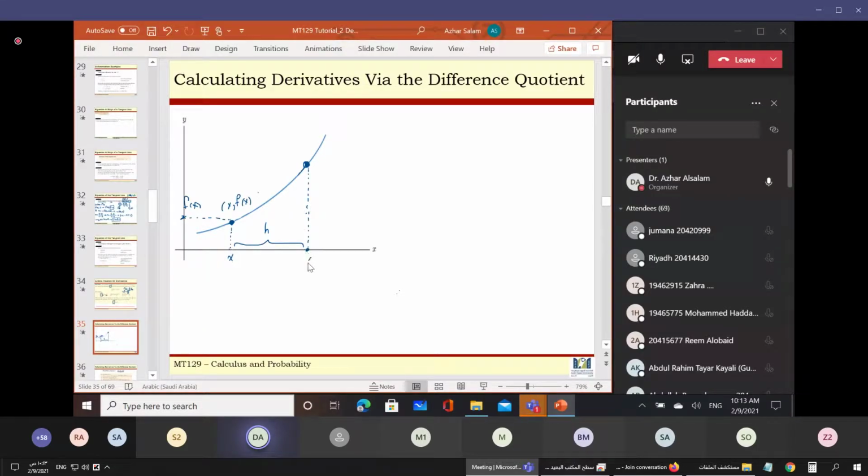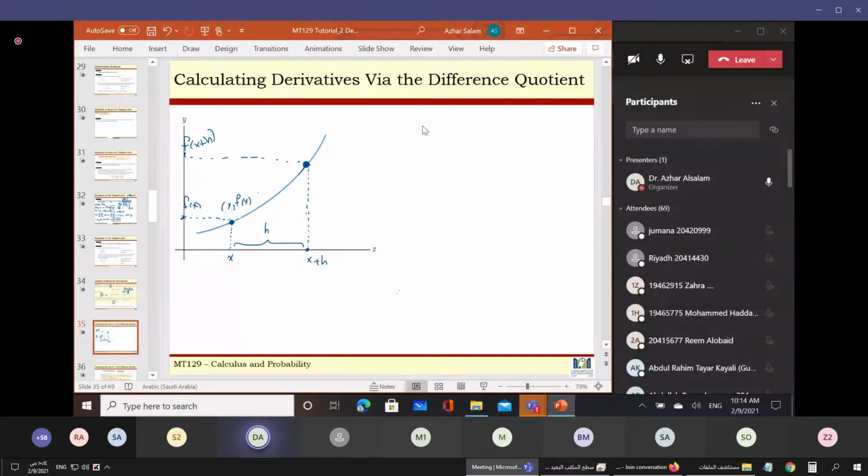So this value will be x plus h, since I move to the right h units. Since this is the x coordinate of this point, the y coordinate here will be f of x plus h. I substitute this value in the function to find the y coordinate. So this is the place between these 2 points.